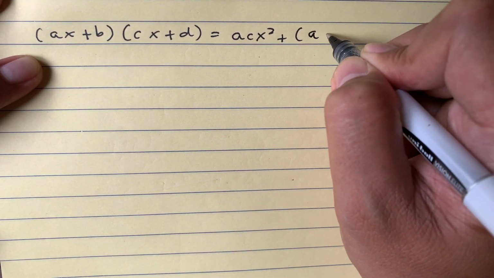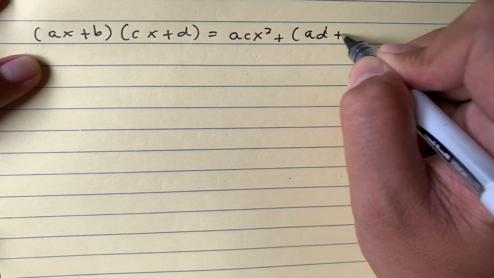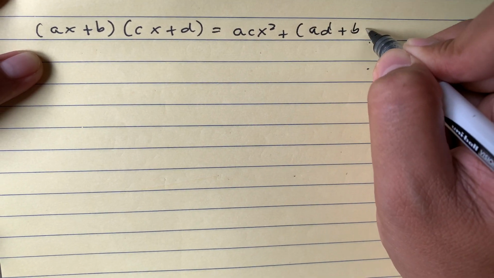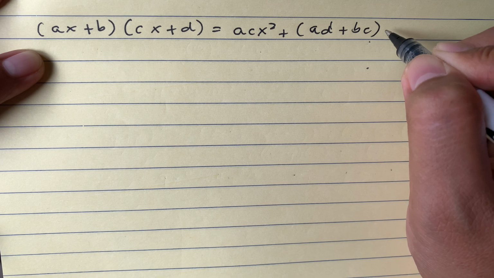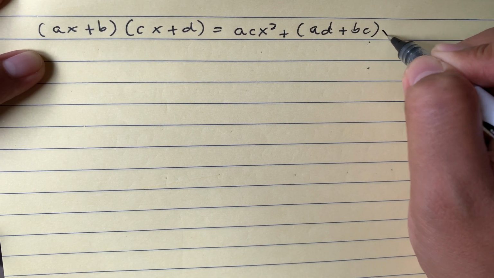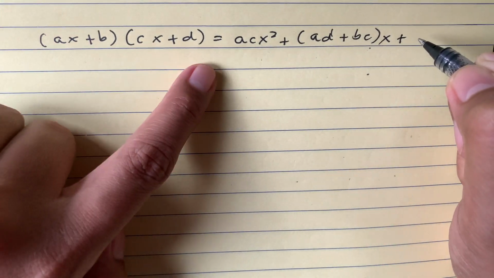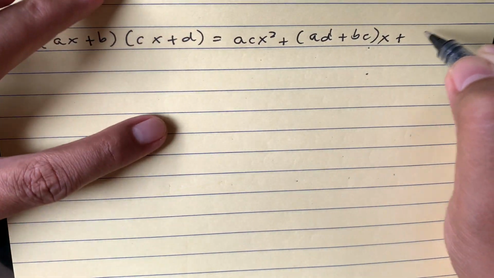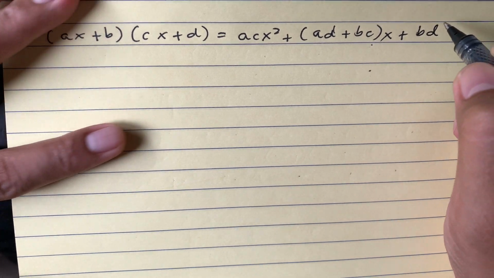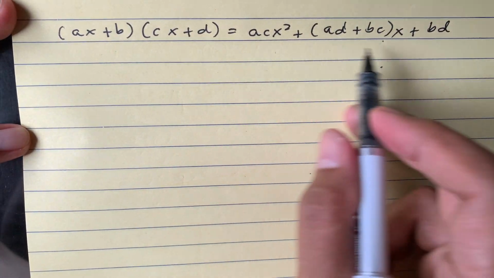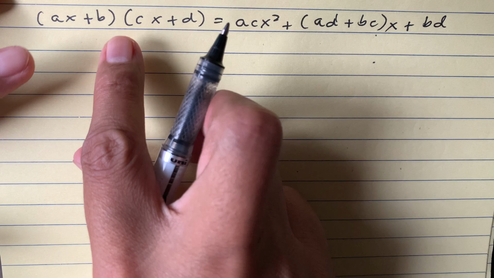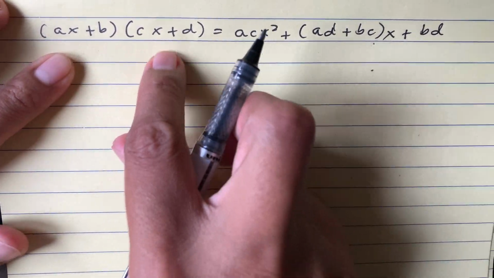We have AD plus BC, then suffix your common term, which is x, plus the product of your second terms of the two binomials. So we have here BD. You have to remember this special product pattern if we are dealing with this kind of miscellaneous binomial.